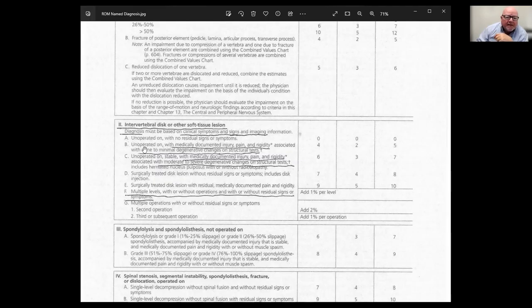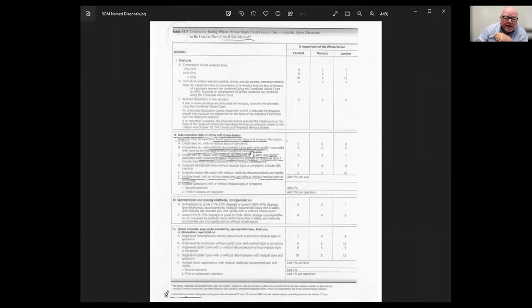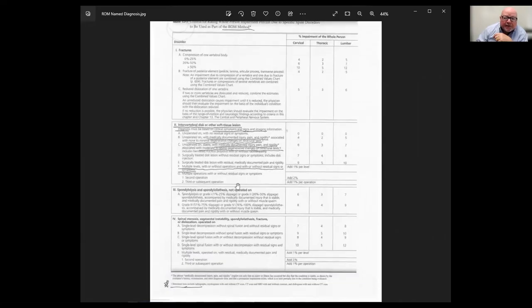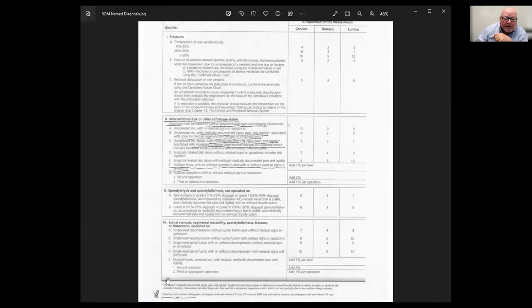Now look at B. It says unoperated on, with medically documented injury, pain, and rigidity associated with none to minimal degenerative pain. Now you see that asterisk right there. Well, when you come down, you can't see it down here. Let me see if we can pull it up. That asterisk says structural tests include radiographs.